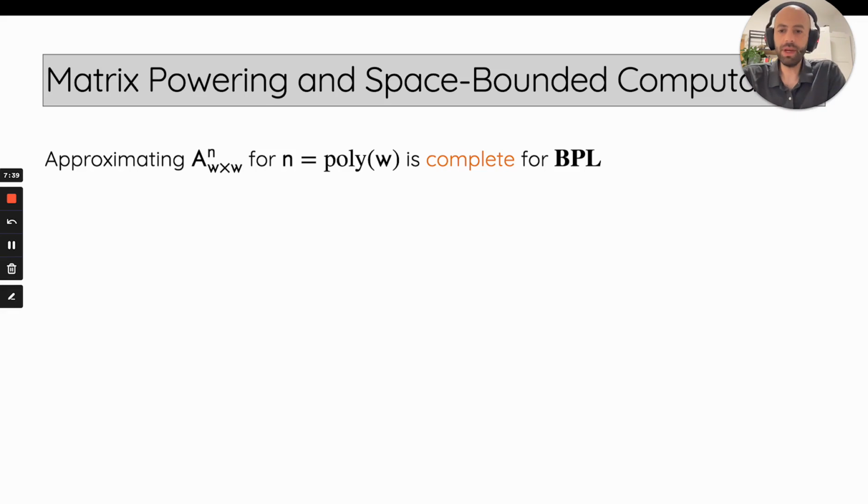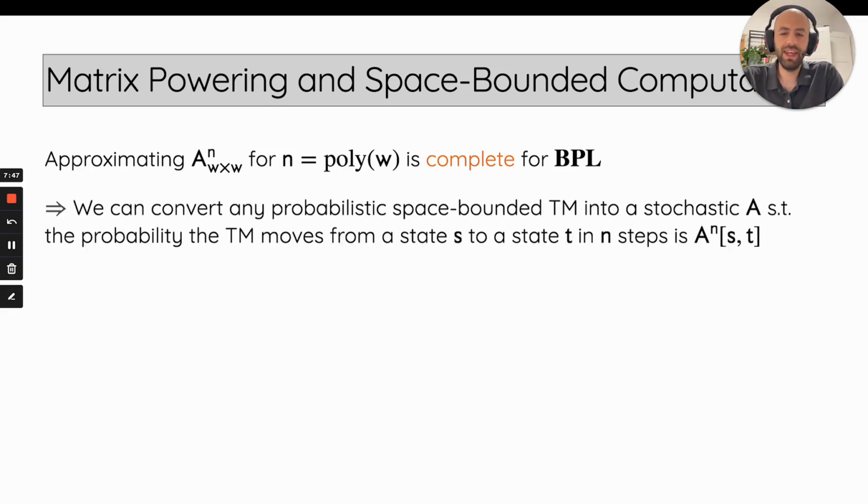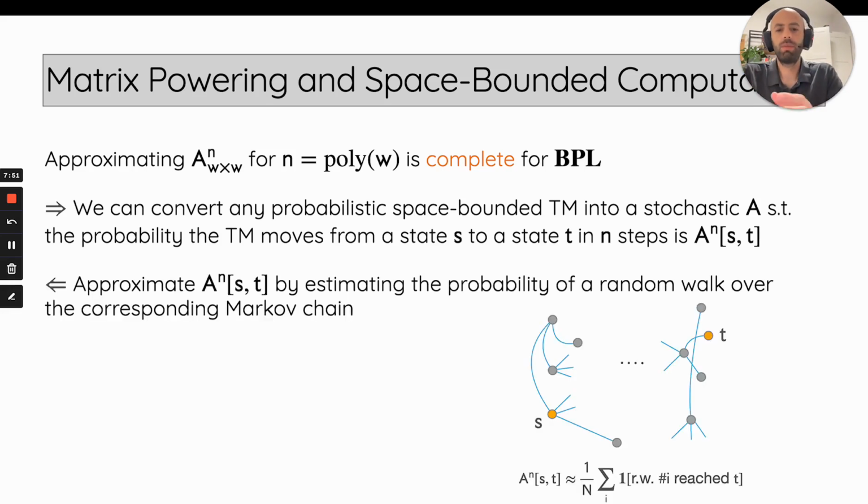Now, approximating A to the n for n and w being polynomially related is actually complete for BPL, in the sense that we can convert any probabilistic space-bounded Turing machine into a stochastic matrix A such that the probability to move from S to T is just A to the n in the location ST, and vice versa.